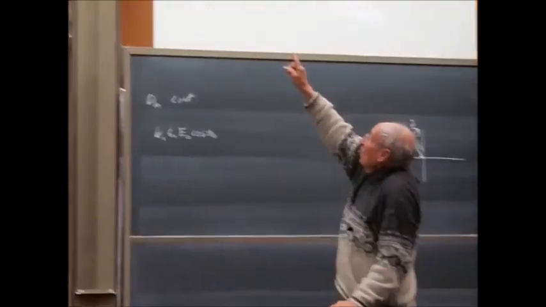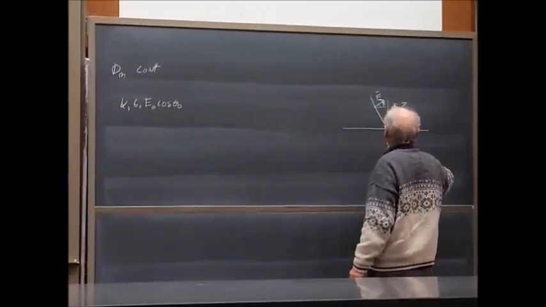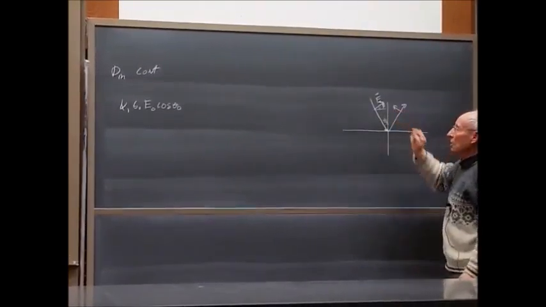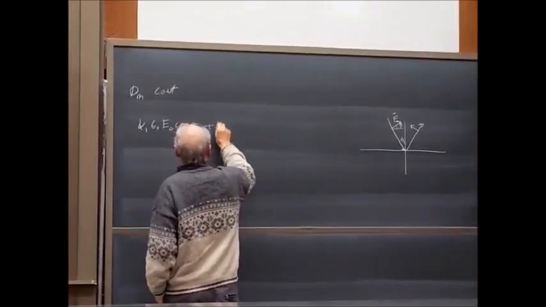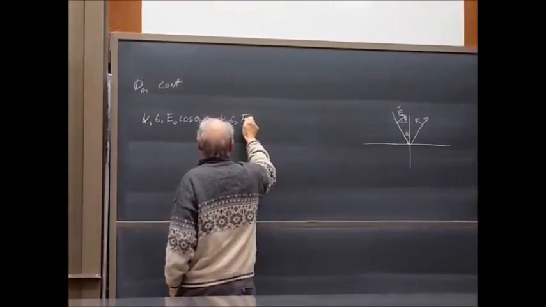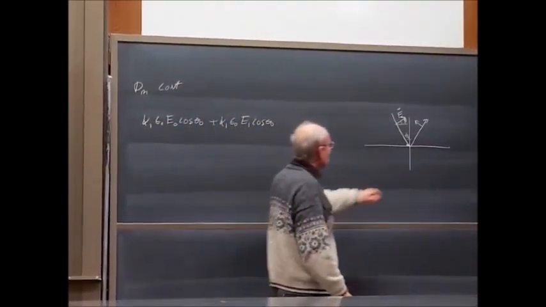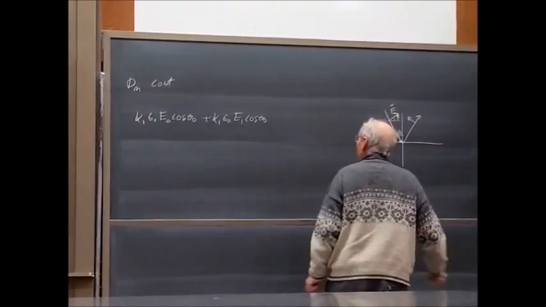Okay, now the other side, we have E like that, and so it points in the same direction, upward. So we have kappa 1, because the kappa is the same, E1 cos theta 0, because we've decided this angle was the same as that angle.